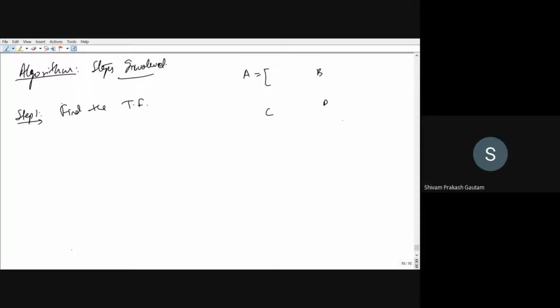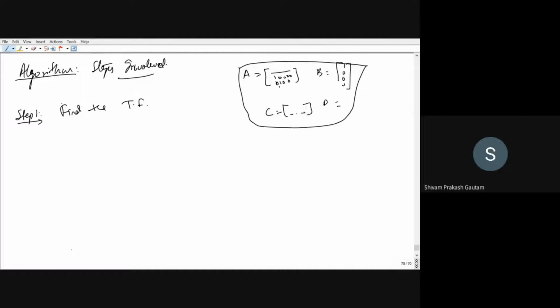In the A matrix, the top row has some elements, and all the other rows' elements are either 1 or 0. In the B matrix, only one element is 1 and all the other elements are 0. The C matrix is given by the numerator of the transfer function that you are having, and the D matrix we have not seen, and we will not be considering it. So this is our control canonical form representation.